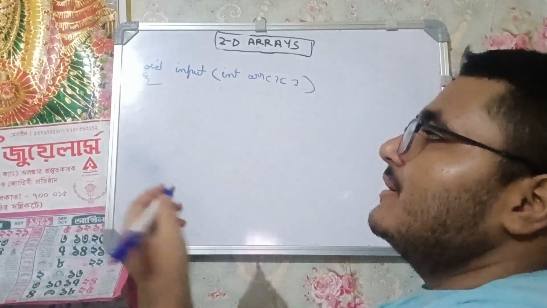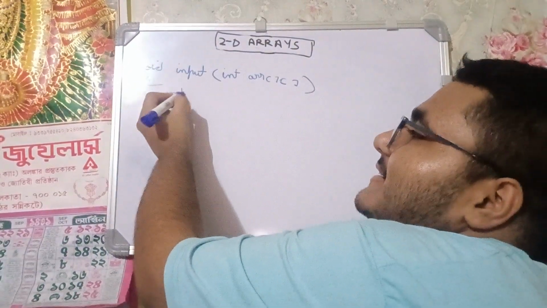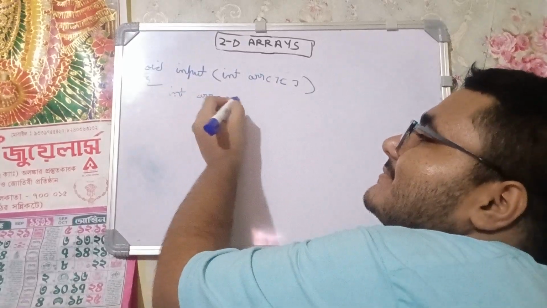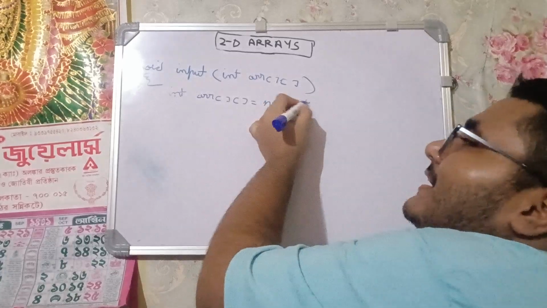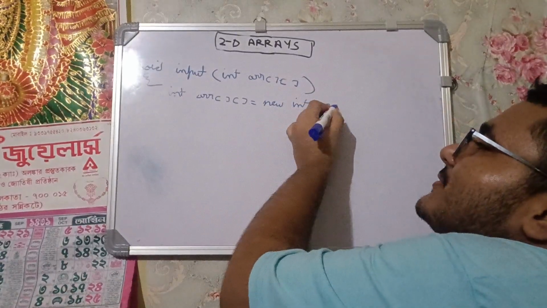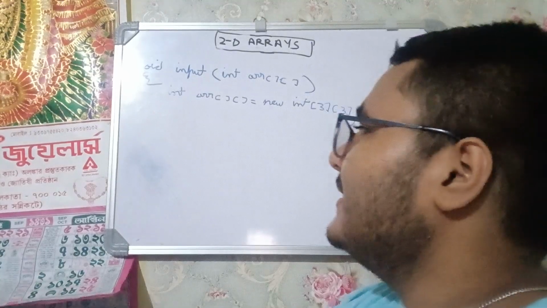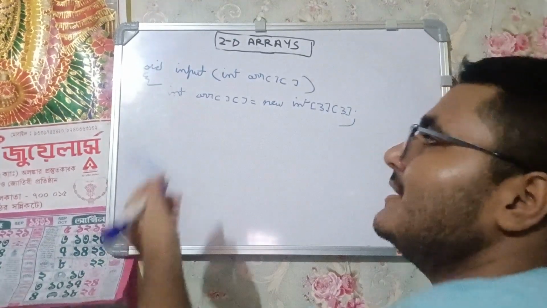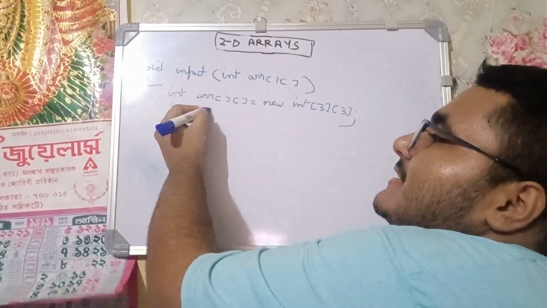And I am declaring an array, int arr is equal to new int, a 3x3 matrix. If I am making a 3x3 matrix in Java, I need to take the Scanner class object.